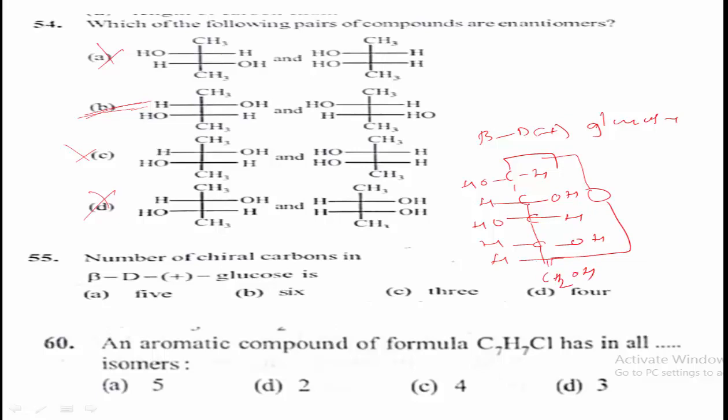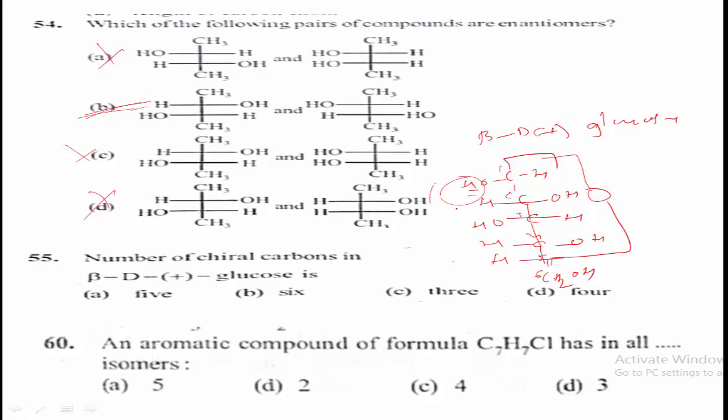Students, total number of carbon atoms here: 1, 2, 3, 4, 5, 6. Is it right? Why is beta present here? Because the hydroxyl group is present on the left side. This direction. If the OH was on this side it would be alpha, but now OH is on this side. Okay, beta.